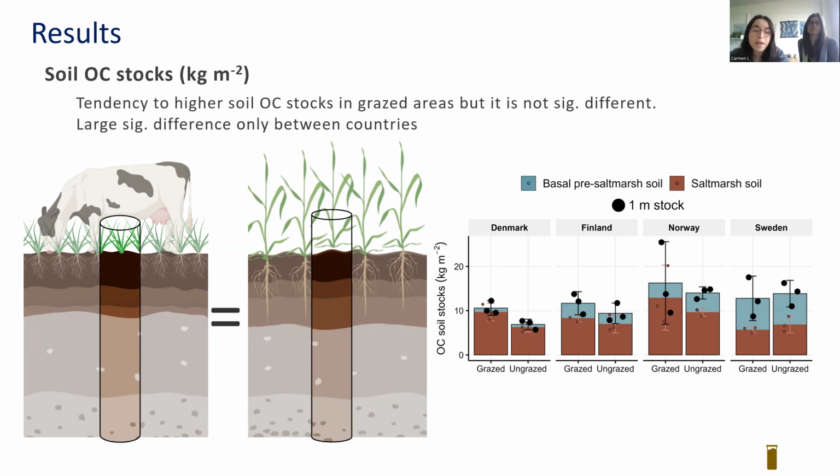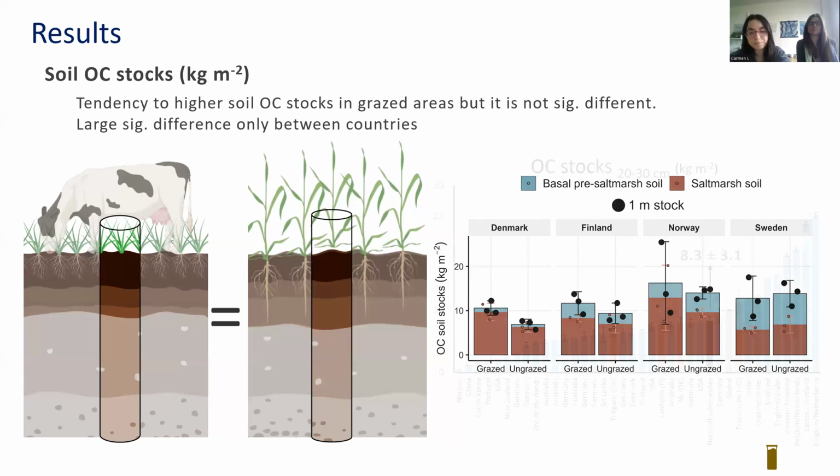Although we could see a tendency towards higher stocks at grazed areas in Denmark and in Finland, that was not observed in Norway and Sweden. So across countries, when taking all together, there's no significant difference between grazed and ungrazed, although Norway showed higher stocks compared to some of the other countries.